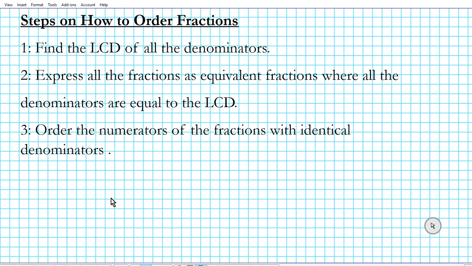After you have accomplished step 2, all you simply do is compare the magnitude of the numerator of each of the fractions. And it is the numerator that will tell you how to order the fractions from least to greatest or greatest to smallest. Alright, so let's consider the following example.